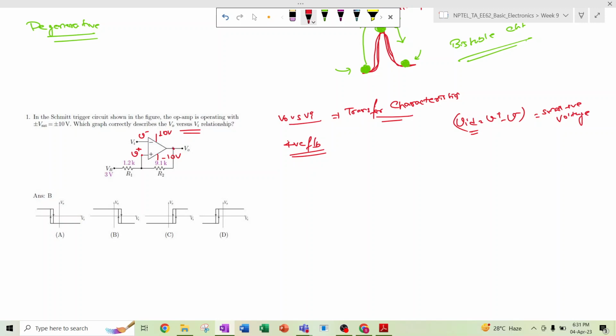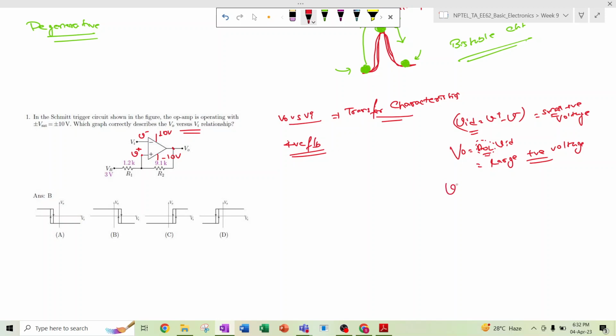Here we are getting Vo equal to AOL times Vid. That means this is a large positive voltage, because AOL is very high and it is multiplying the small positive voltage. By this we are getting a large positive voltage, and part of this large positive voltage is being fed to the V plus terminal.